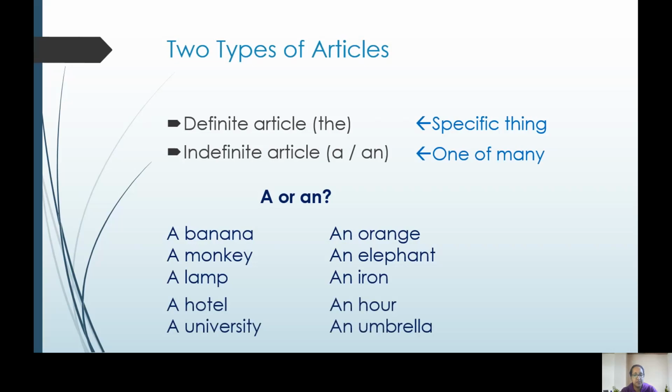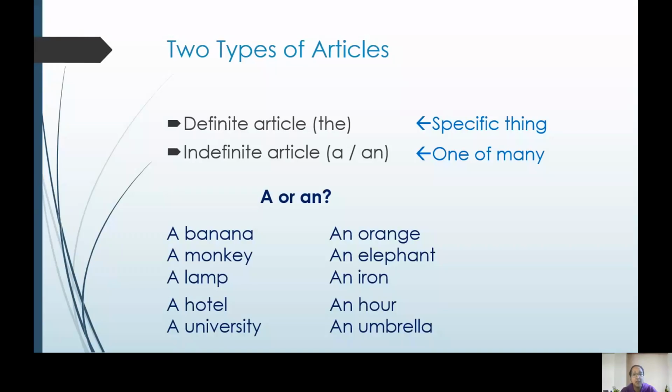Let's look at this example. A hotel, an hour, a university, an umbrella. H is a consonant as a letter, generally, and U is a vowel. But the way we pronounce the words here, hotel and university, are consonant sounds.